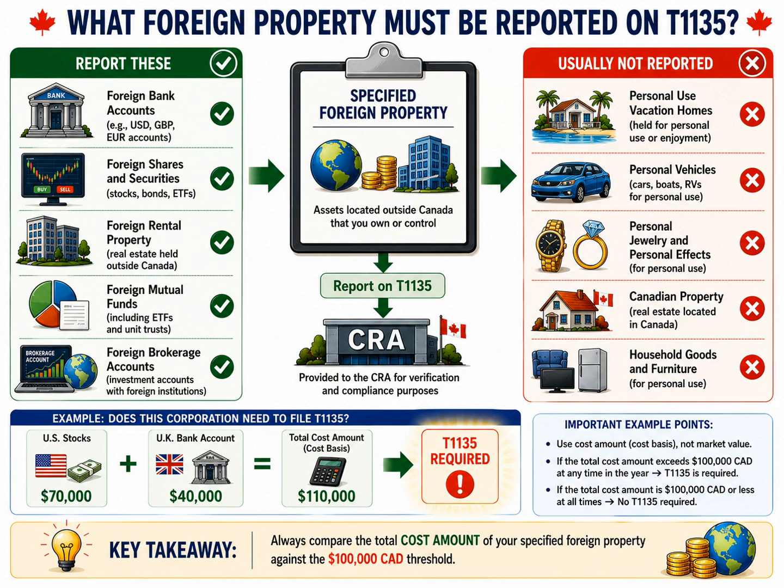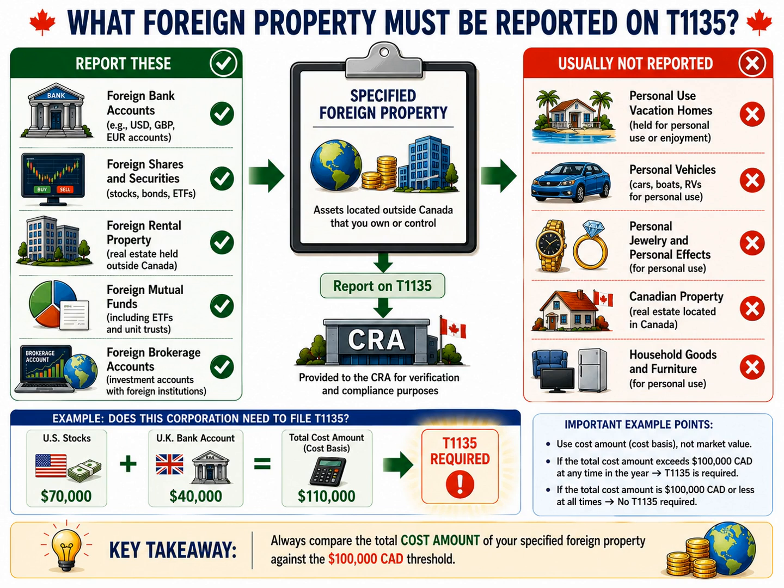Because the total cost amount exceeds $100,000 at some point during the year, the corporation is generally required to file Form T1135. Notice that we are using the cost amount, not the current market value. Even if the investments have appreciated or declined in value, the reporting threshold is based on their tax cost amount under the Income Tax Act.